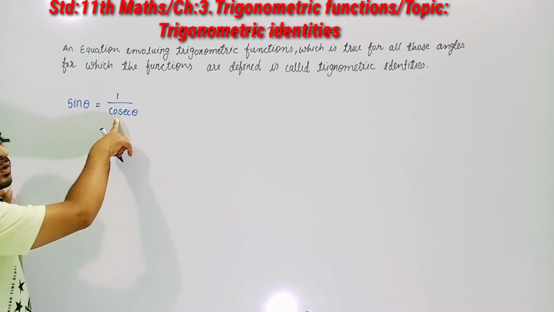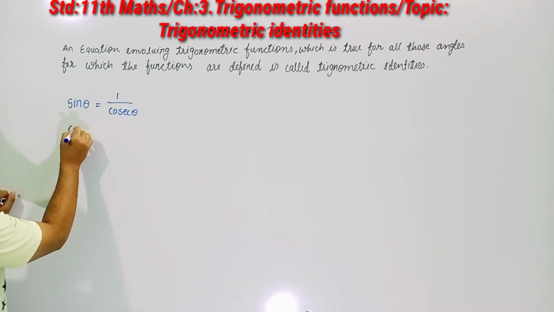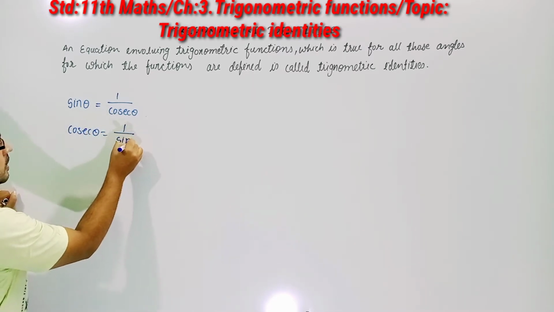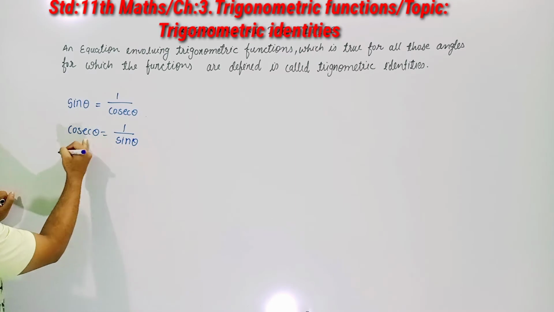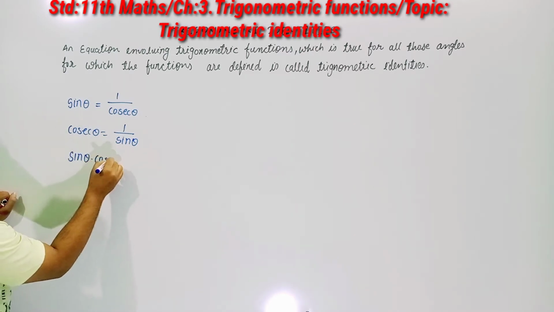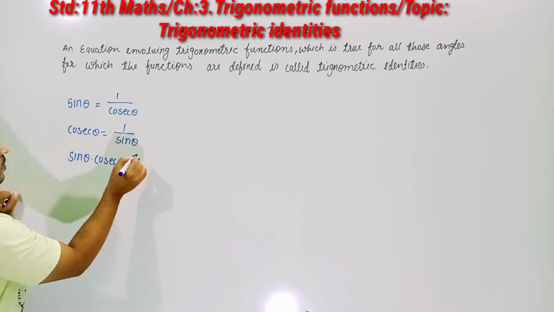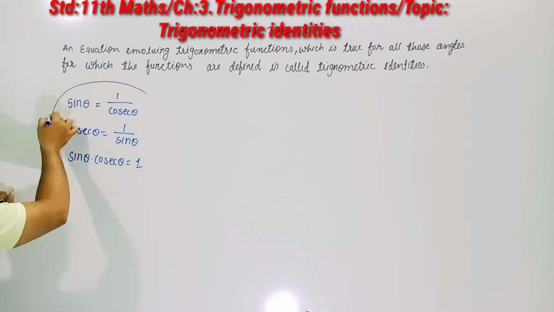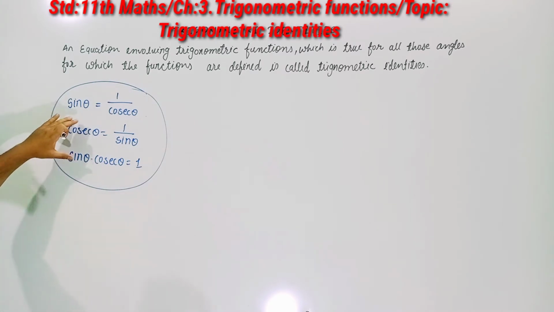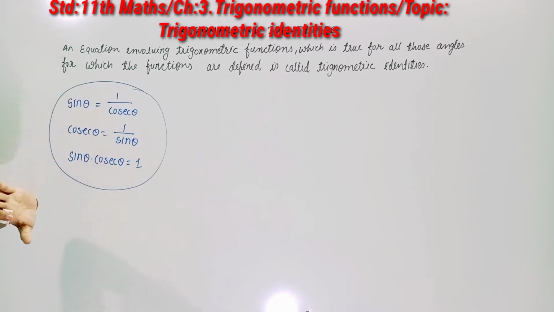And cosec theta is equal to 1 upon sine theta. So the product sine theta into cosec theta will be what? 1. So students, from this relation you can form three formulas of trigonometric identities.